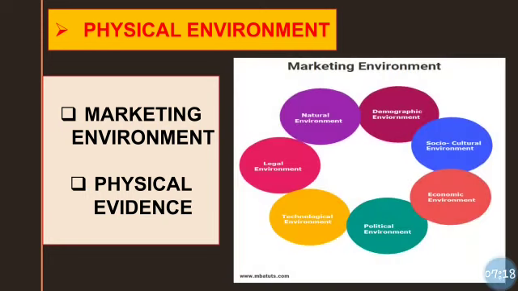Marketing environment is a combination of various environments that business has to deal with, such as natural environment, which is related to weather, climatic conditions, location, all sorts of natural resources. Demographic environment, which is about the characteristics of the population in a particular area.